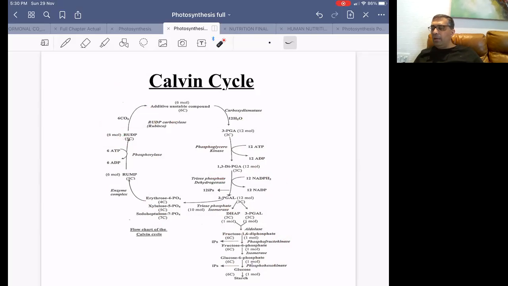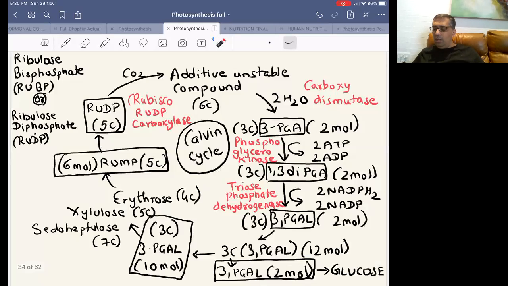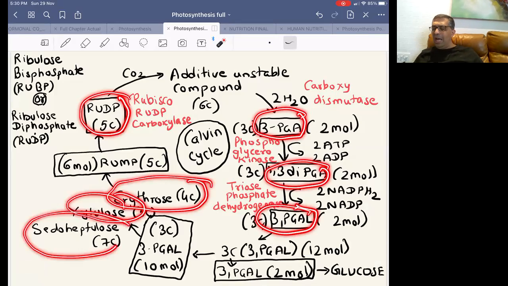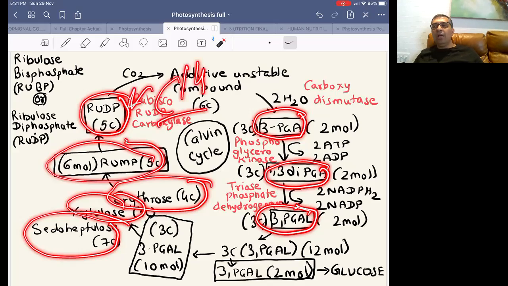As a matter of fact, he found out RUDP, then 3-PGA, 1,3-diPGA, 3-PGAL, erythrose, xylulose, pseudoheptulose, RUMP. These are all steps of dark reaction. Which carbon came into all of them? C14. And C14 is an isotope, so isotope can be easily traced.